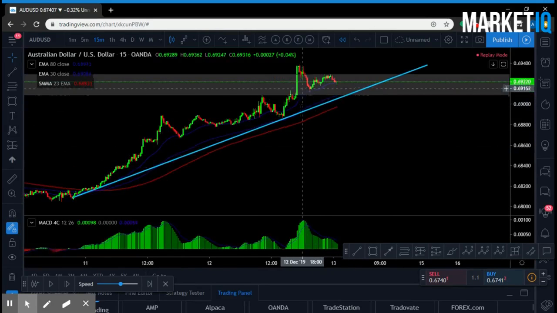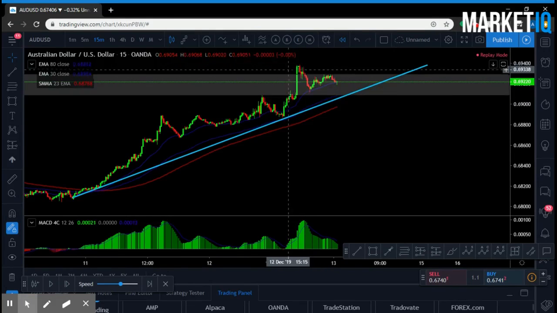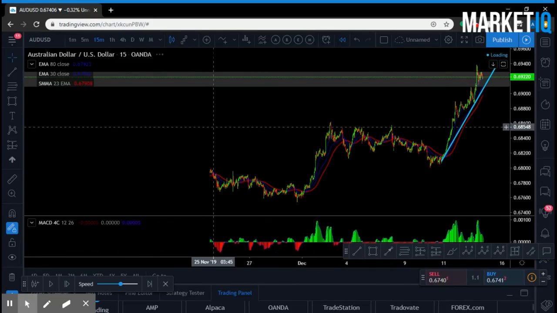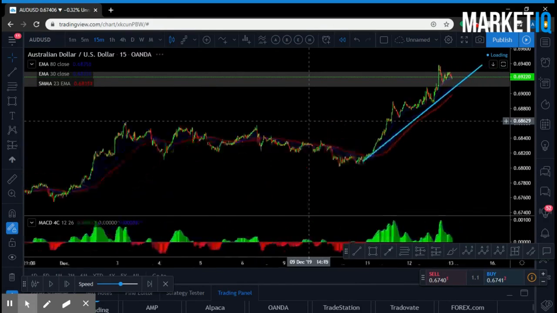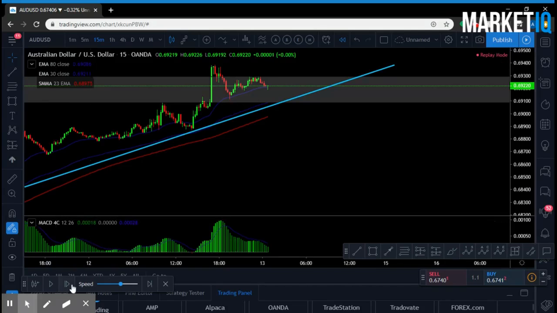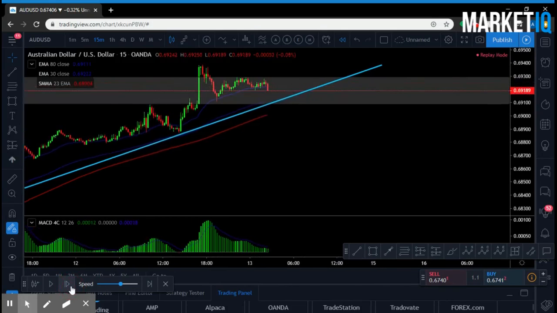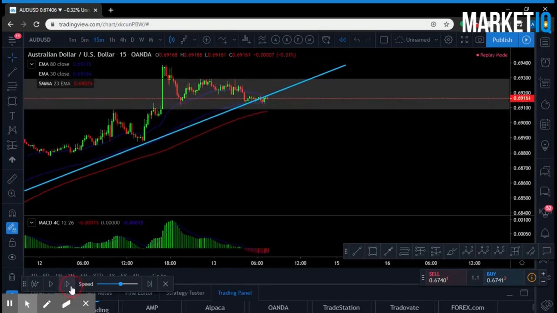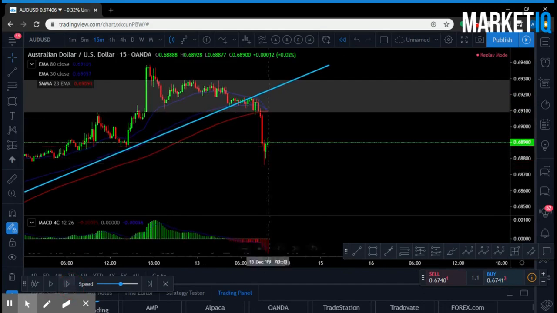So on the 15-minute chart, this gave you a really big candle right here. And it closed above it. So when you go to this zone, you might think, okay, well, we've broken above the zone, and now we're good to go. But if we move price forward a little bit, we'll see that that just doesn't happen.